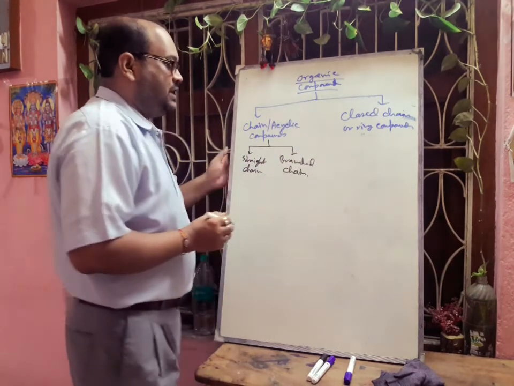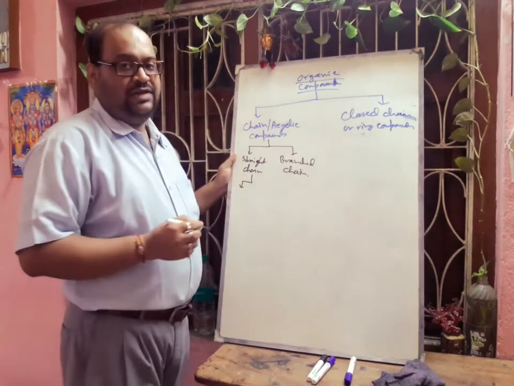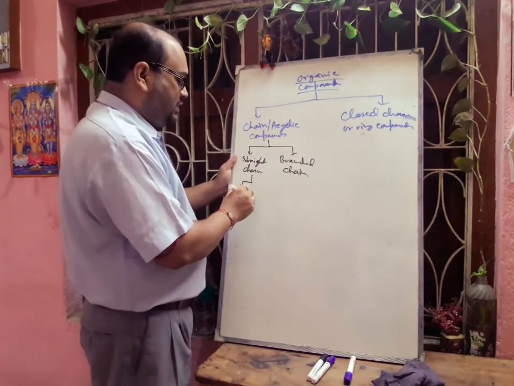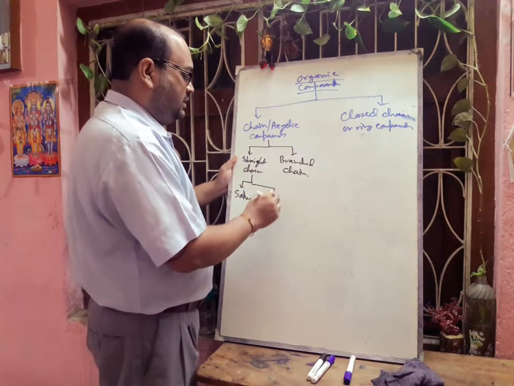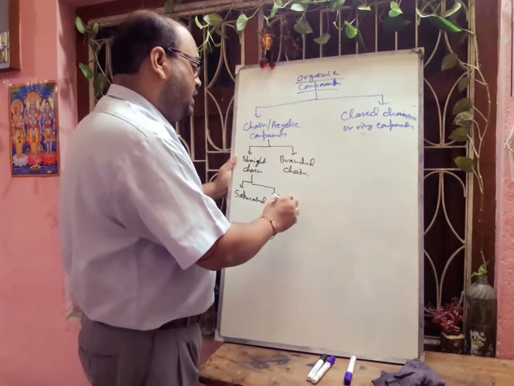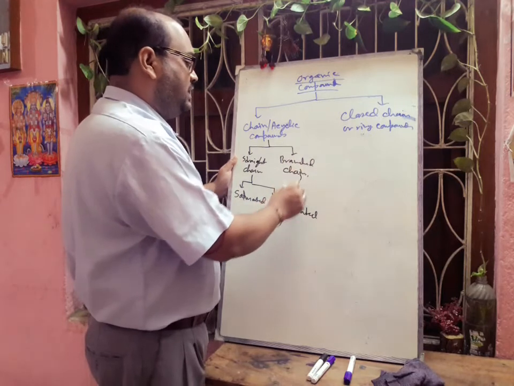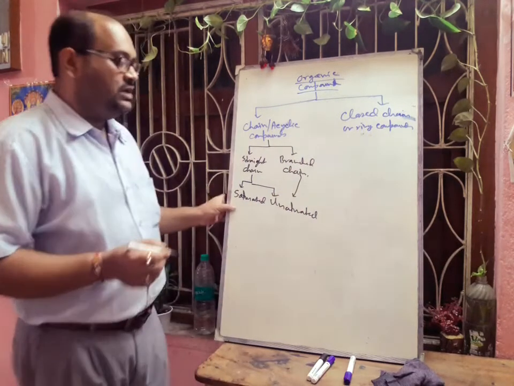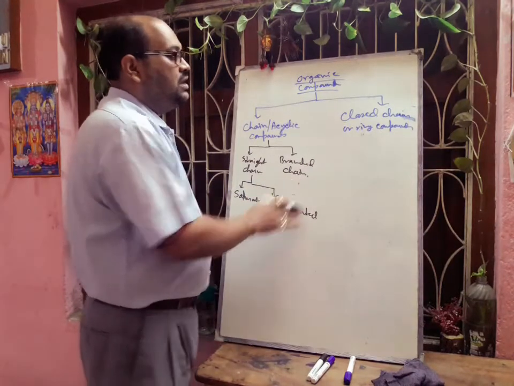Another classification we can do: if the chain contains all carbon-carbon single bonds, it is called saturated, and with the presence of a double bond or triple bond, we call it unsaturated. Here also the same thing applies, it may be saturated or unsaturated, both types are possible.